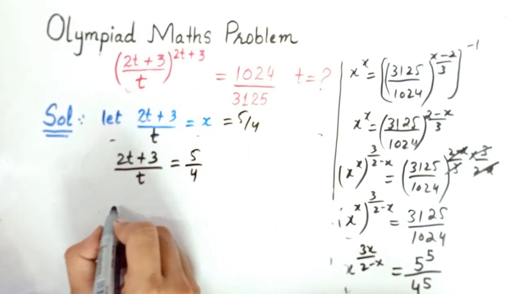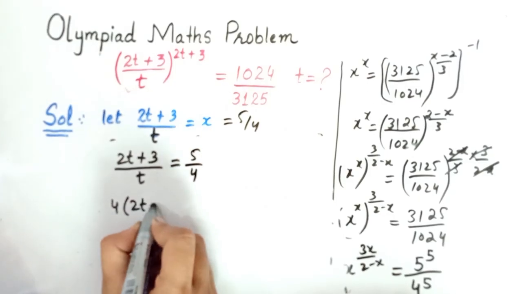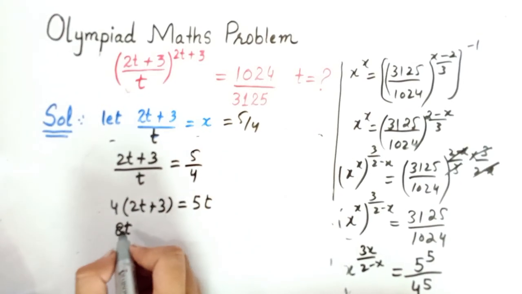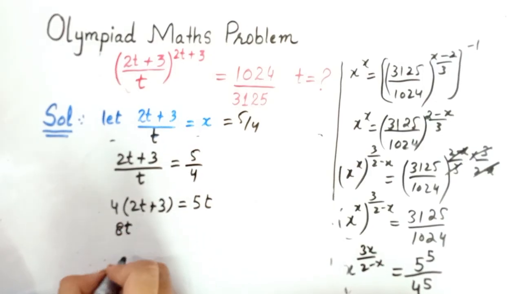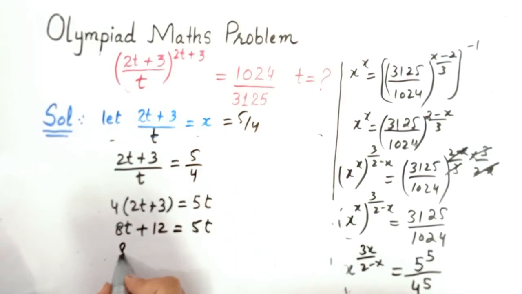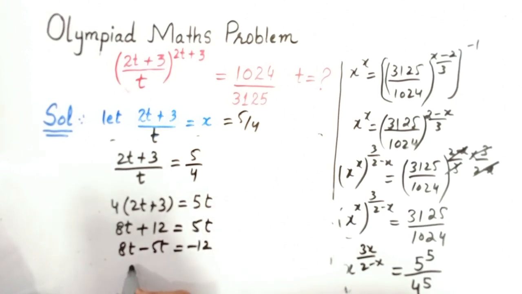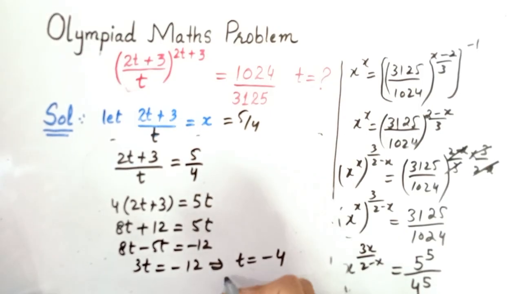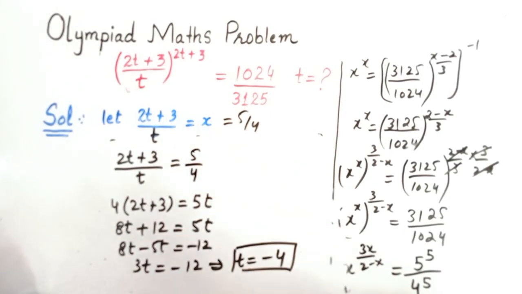Cross multiply: 4(2t+3) equals 5t, so 8t plus 12 equals 5t. 8t minus 5t equals minus 12. So 3t equals minus 12, then t equals minus 4. So the value of t will be minus 4.